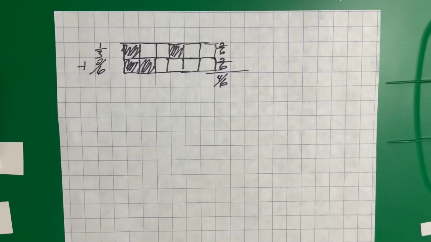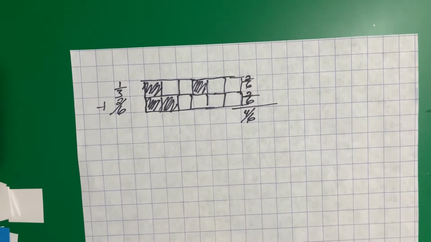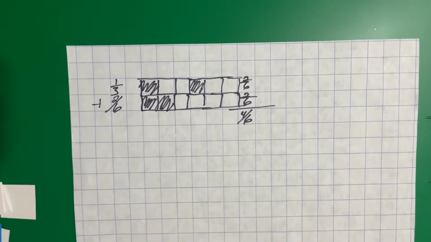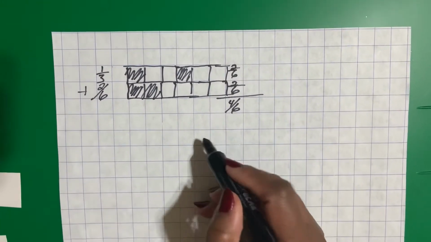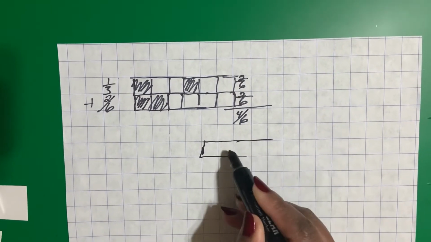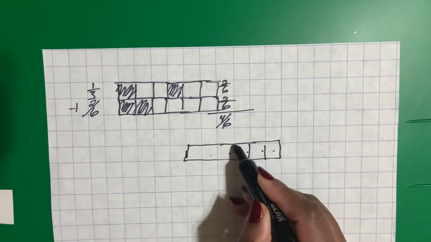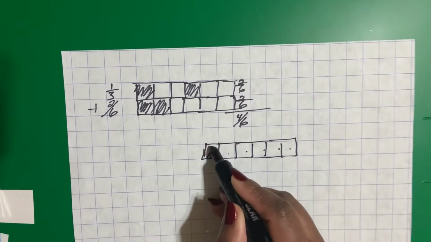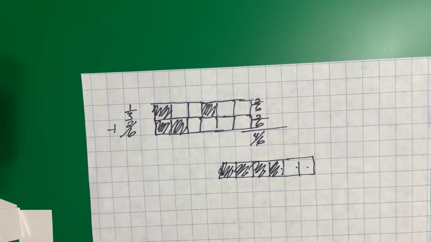And we've been taught that to simplify fractions, you have to find the greatest common denominator. So I'm going to show you how to simplify that fraction without doing that. I'm simply going to model 4/6. 1, 2, 3, 4.